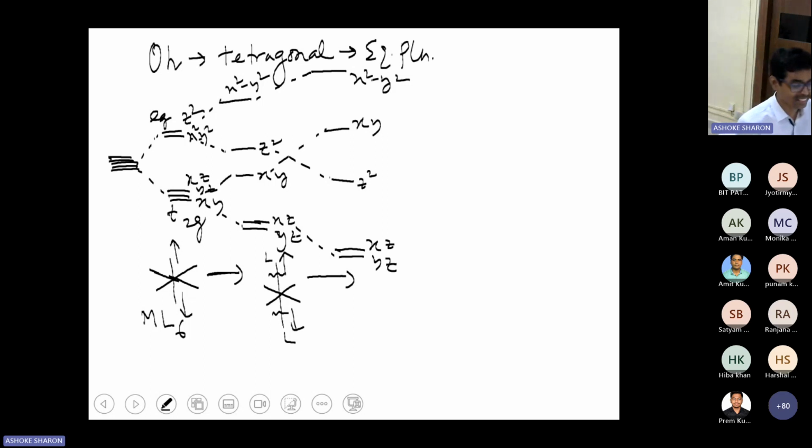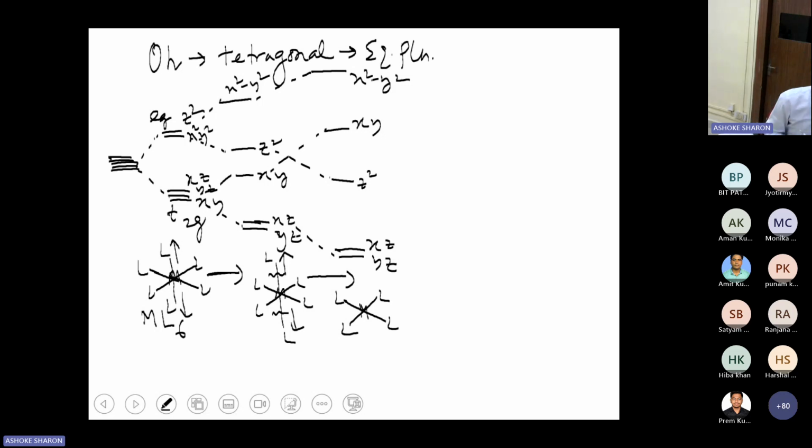So what do we get here? We get a totally new geometry, which is square planar. M at the center with L, L, L, L around it. Here also M is at the center.